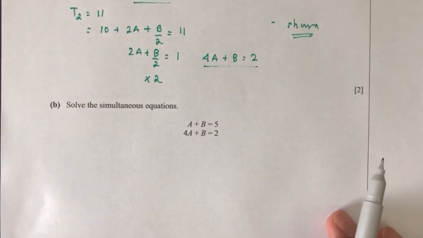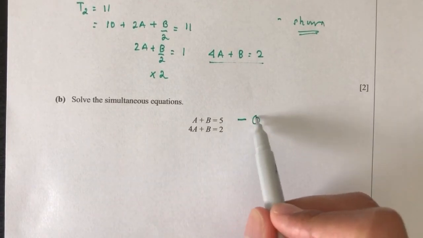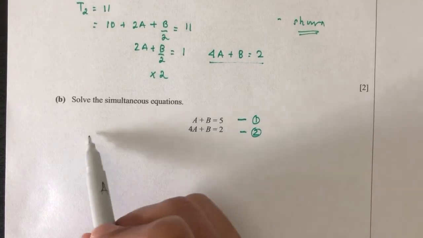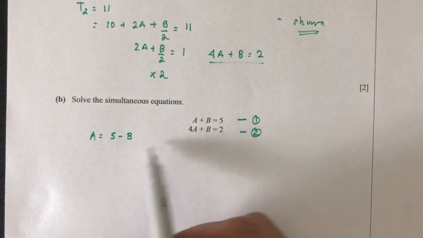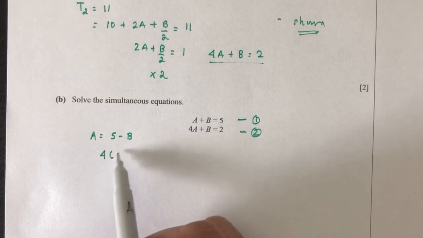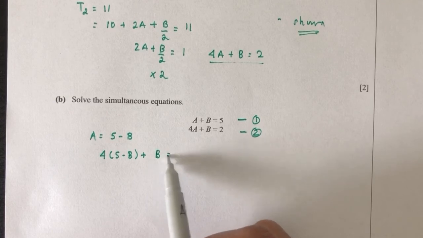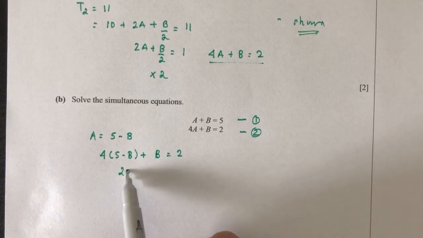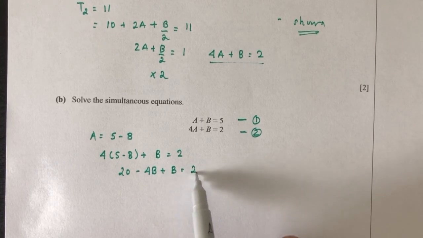Now part B, solve the equations. So we have equation number 1, equation number 2. So a is equal to 5 minus b. So replacing in the second one, 4 times (5 minus b) plus b is equal to 2. So 20 minus 4b plus b is equal to 2.